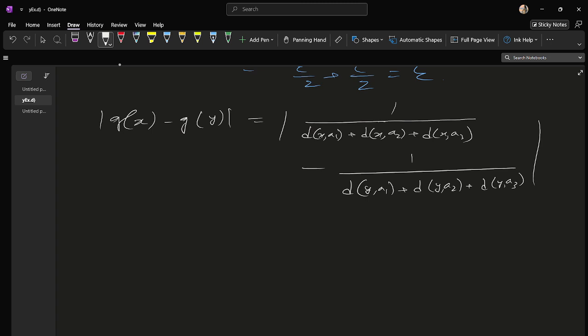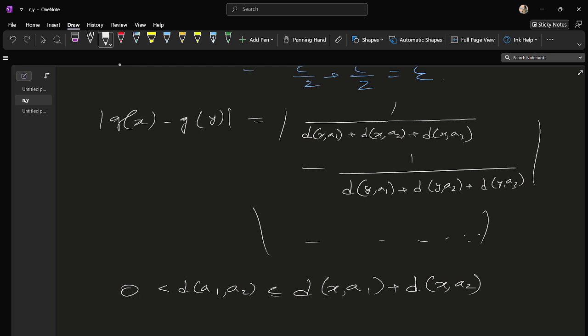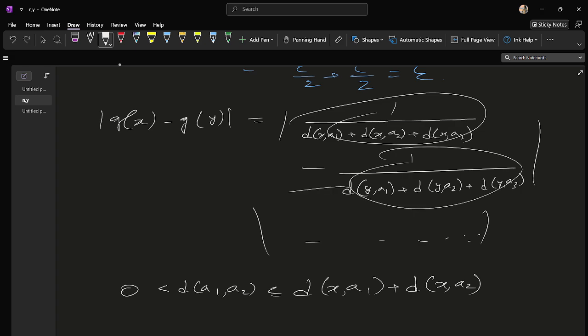This thing and this thing will come outside, and we will get the multiplied form, and inside we will get the mod of some this thing. Now we have to use another thing, which is 0 less than d(a1, a2), which will be similar to what we got before. We get this term and this term outside in the multiplied form.